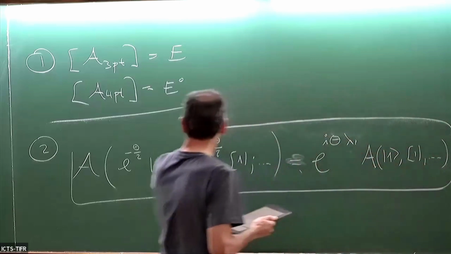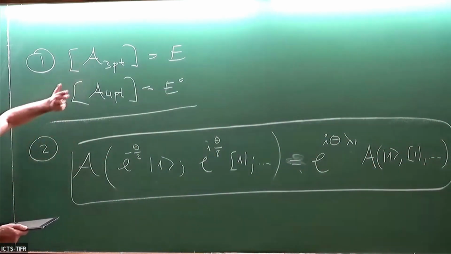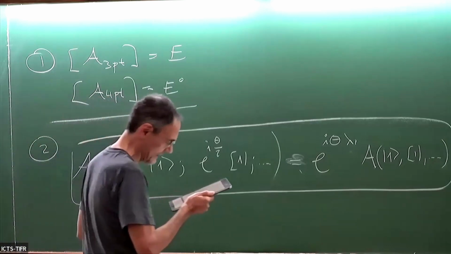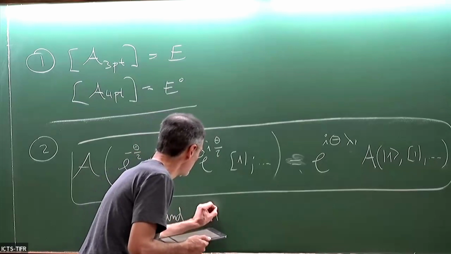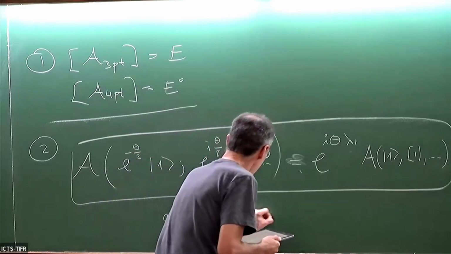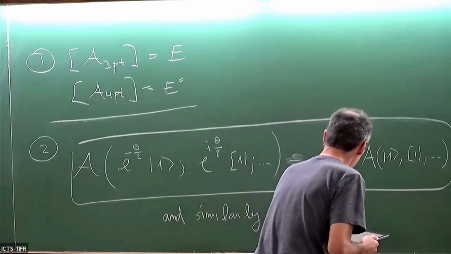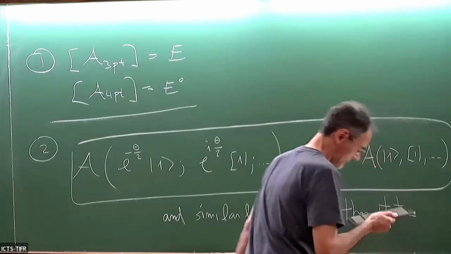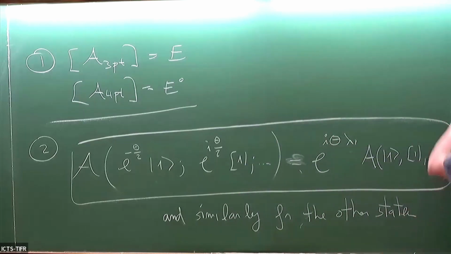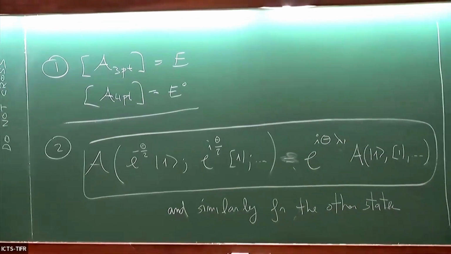It gives almost 80%, and 10% comes from dimensional analysis. And similarly for the other states. Following this, you sit down and in a few minutes you can see how it goes.